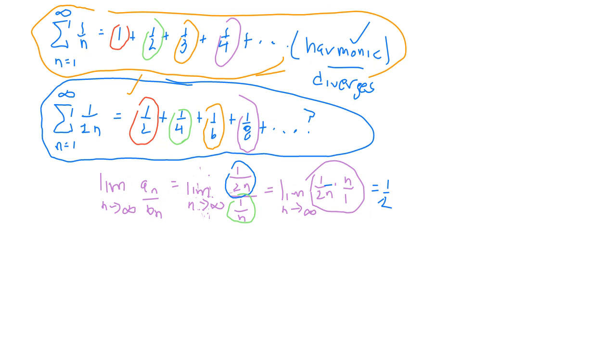I picked a nice, easy example, but you could have it where you don't have that relationship until later in the series, when n goes to infinity. But the point is, since the terms are in proportion to each other, the behavior of the harmonic series determines that this second series also has to diverge.